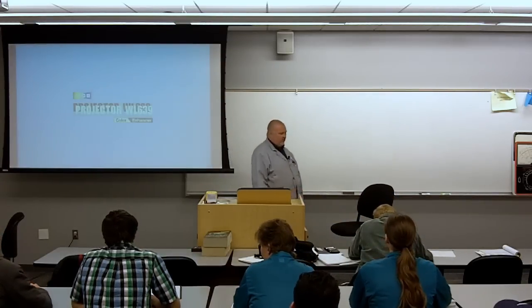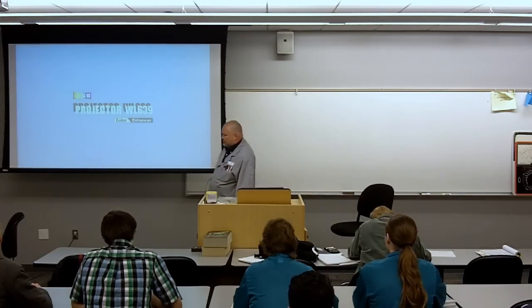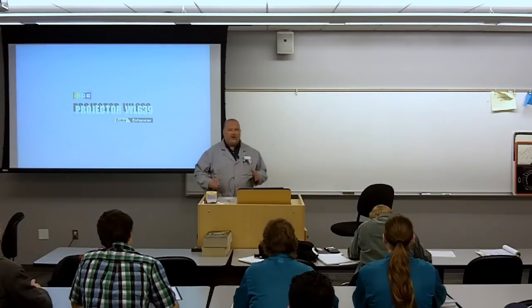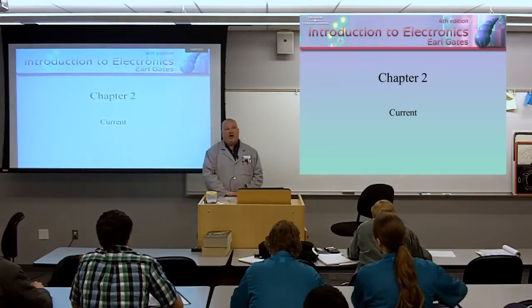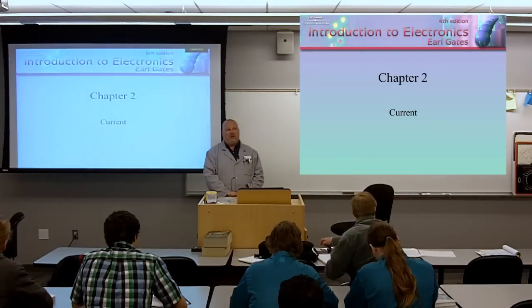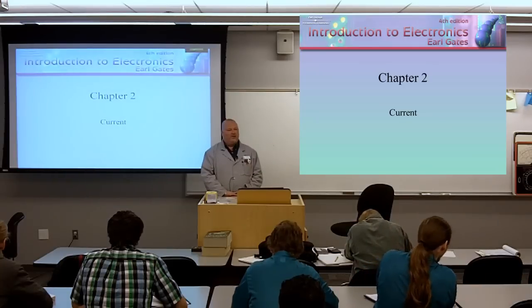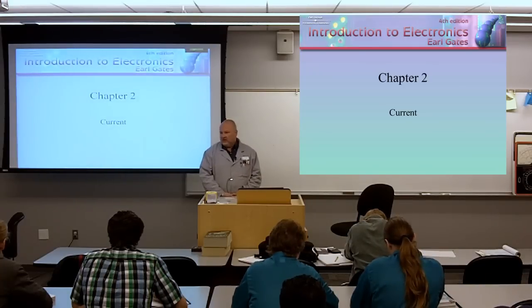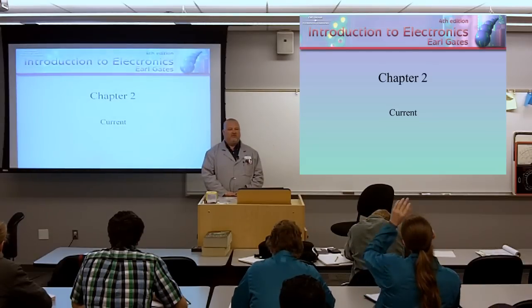Okay, just to get us ramped up from where we left off last week, we started our discussions talking about the fundamental properties of electricity, and that discussion really started off with matter. Matter is everything. The absence of matter is called space.